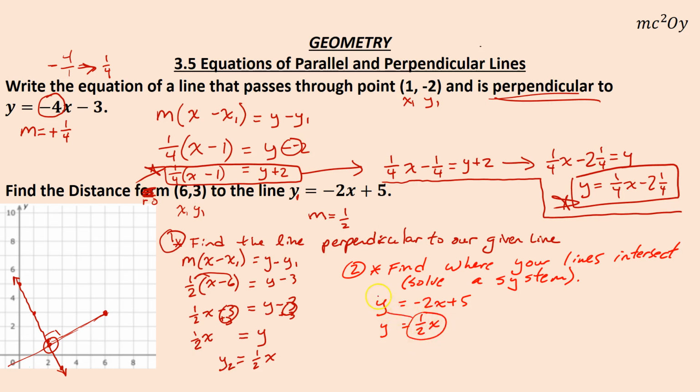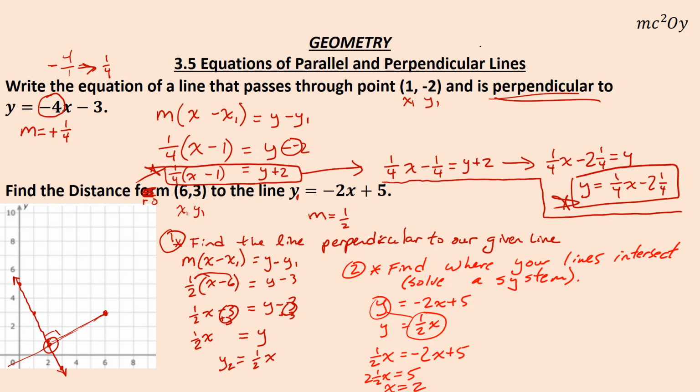I'm going to plug that in for y, since they both equal y. I know that means that 1/2 x will equal -2x + 5. All right, and if I move this 2x over by adding it, I'd have 2.5x equals 5. Then if I divide by 2.5, how many 2.5s go into 5? Well, that would be 2. So x would equal 2.